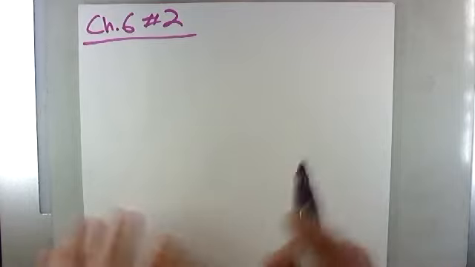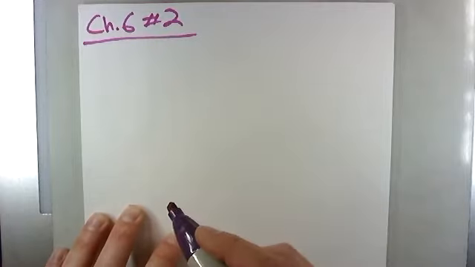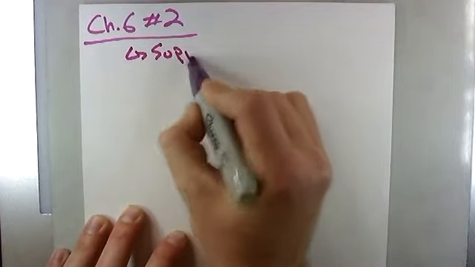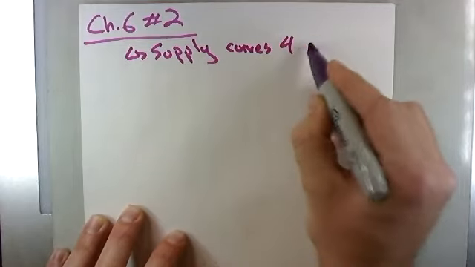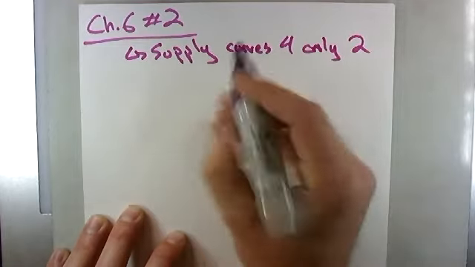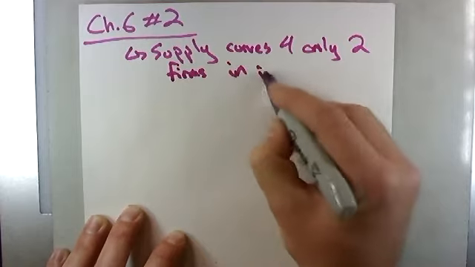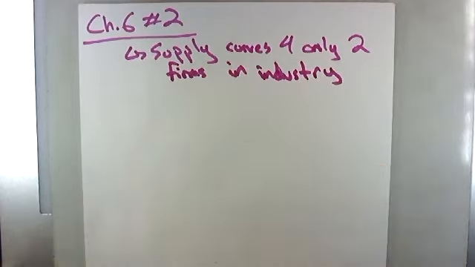Okay, so the supply curves for the only two firms in a competitive industry are given by, respectively, so okay, I should probably write some of this down. So supply curves for the only two firms in the industry are given by, so let's use red and green.